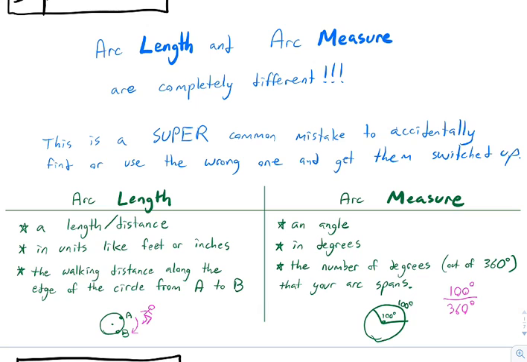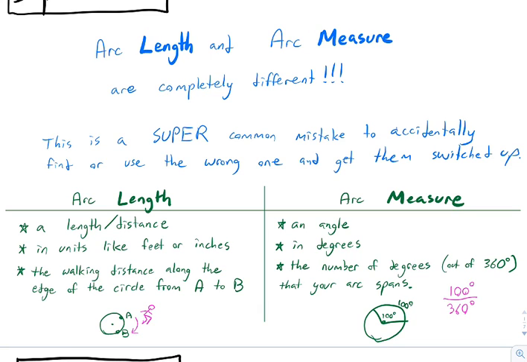Now, arc length is very dependent on size. Arc length is a length or distance. It's saying if I were to walk around the edge of my circle from point A to point B, how far would I have walked in feet or inches or miles, right? So this is very dependent.